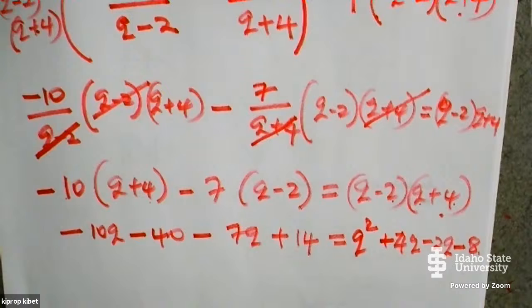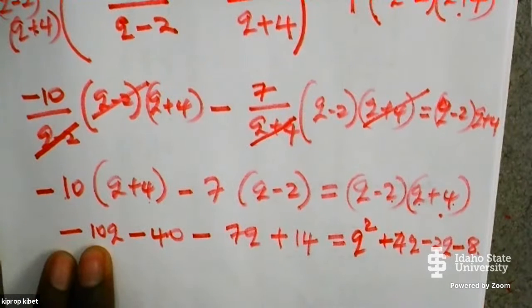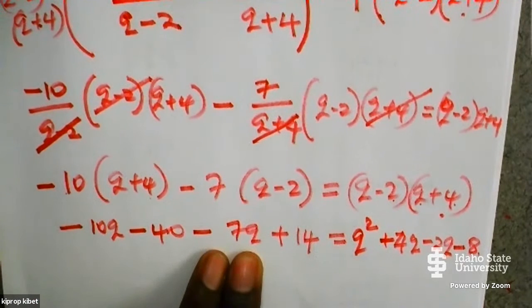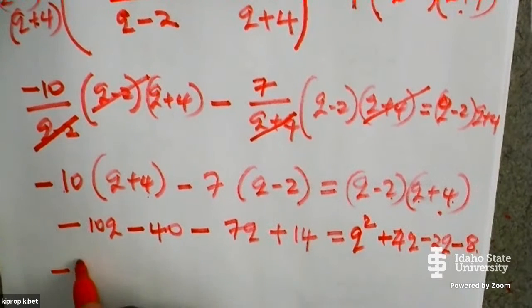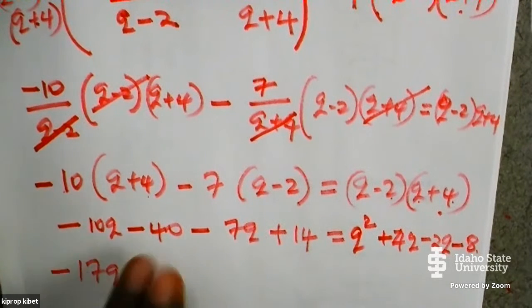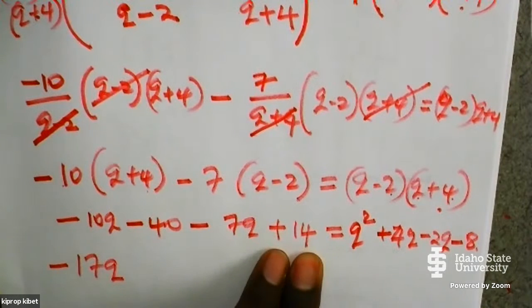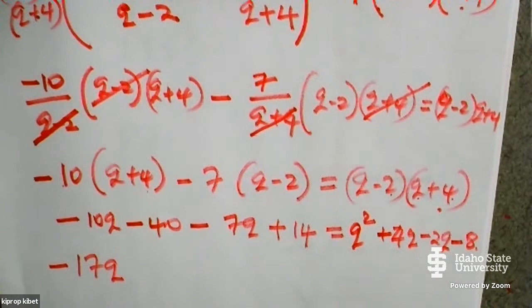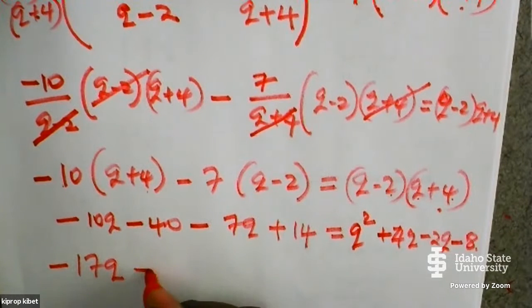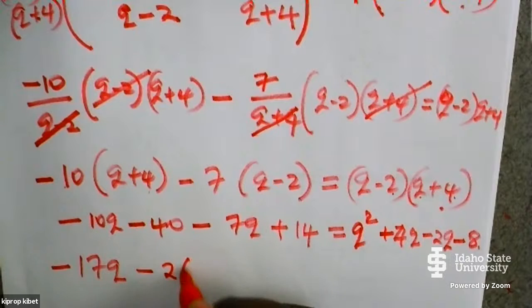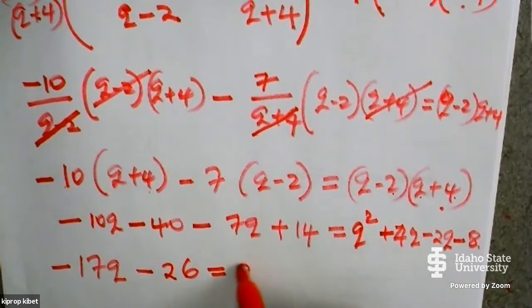So when you simplify, minus 10q minus 7q is what? Minus 17q. Minus 40 plus 14 is minus 26. Equals q squared.